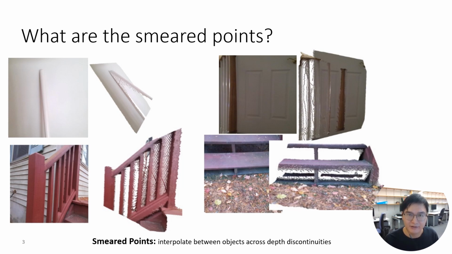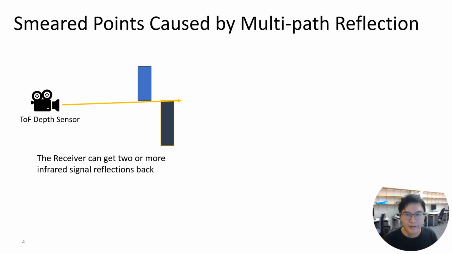Before talking about our methods, we first analyze the reason behind it, which is primarily caused by multi-path reflection. The sender in the consumer-level depth sensor emits a beam to adjacent objects with depth discontinuities. However, the receiver can get two or more infrared signal reflections back, one from the foreground object and one from the background.